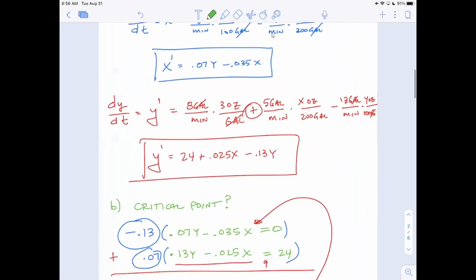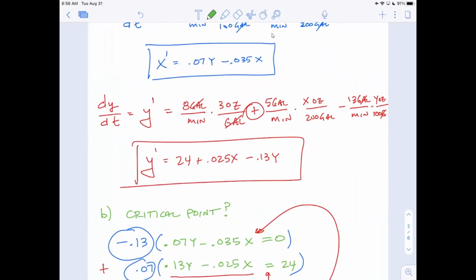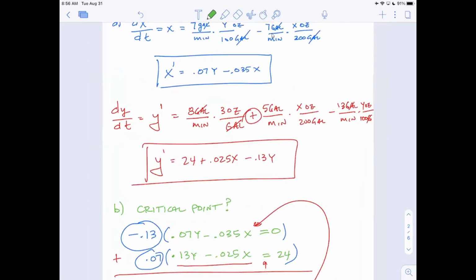Yeah, I have those equations for x prime and y prime. Do those help me somehow? My gut reaction, your gut reaction should be no, they're not going to help you because I didn't know y prime of 0 or x prime of 0. But can they help me? Is there some way they could?